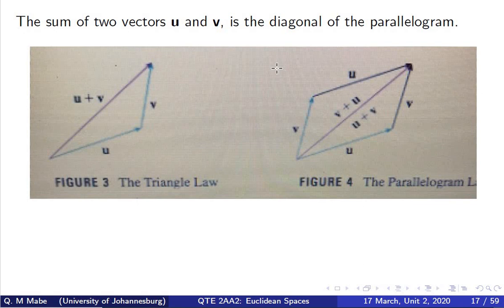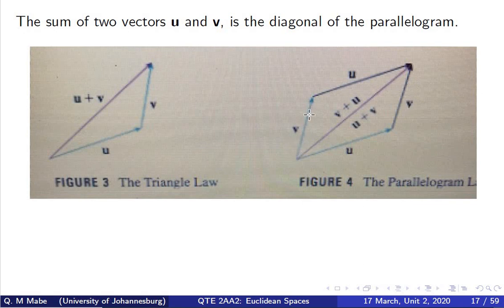But we also have the parallelogram law. For instance, if we begin with a triangle, as in figure 3, we have u is this vector and v is defined as the vector that joins the head of u with the tail of v. That's our vector v. With regards to the parallelogram, we now draw a vector that's parallel to v.